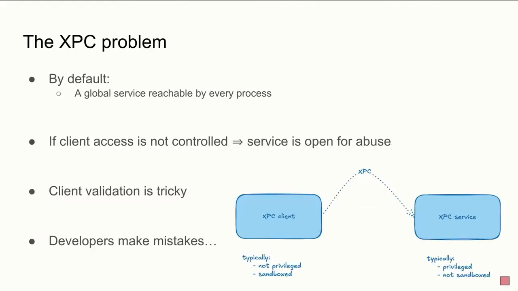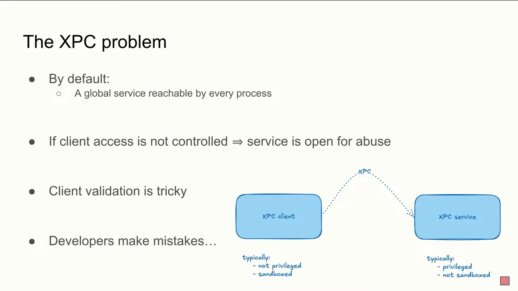So what's the problem with these services? By default, they are global services, and everyone can reach them on the system. So by default, nothing prevents me from reaching out to this service and saying, hey, you are a software updater, please install this package, and boom, you have an LPE on the system.